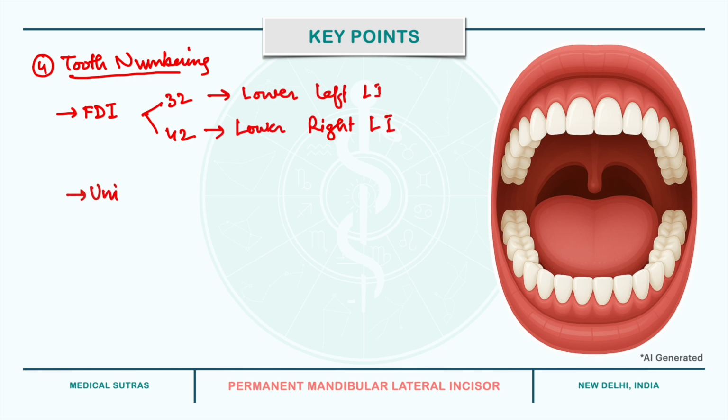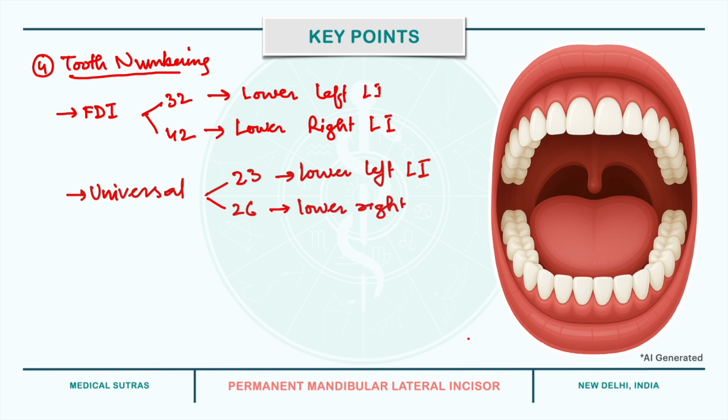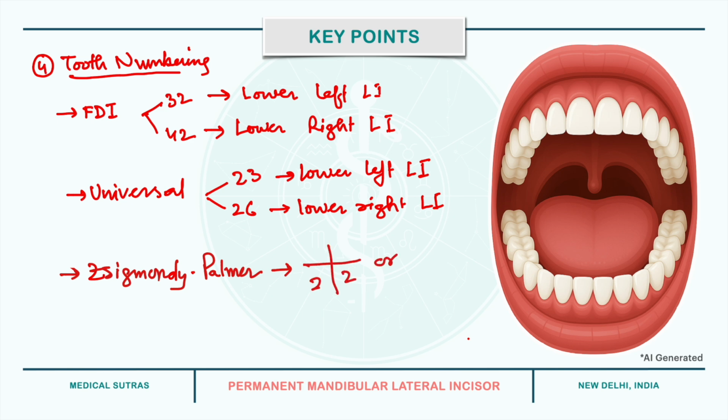In the universal notation system, we use the number 23 to represent the lower left lateral incisor and 26 to represent the lower right lateral incisor. In the Zsigmondy-Palmer system of notation, these are designated using the symbol 2-2 or 2-2 that represents the right and left lateral incisor.